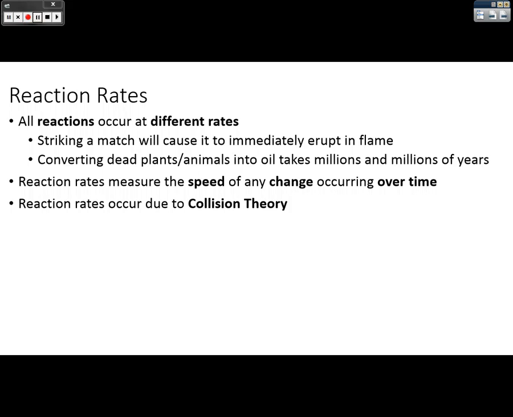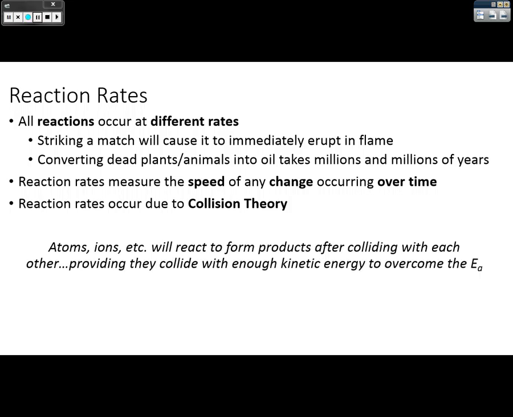And these reaction rates occur due to something called collision theory, which we've talked about in the past. I just haven't necessarily specifically called it collision theory. But we talked about it in our thermo unit, last unit, when we were talking about how reactions differ, endothermic versus exothermic.